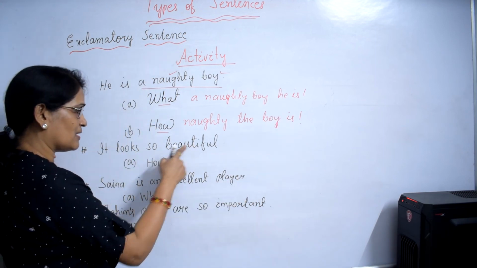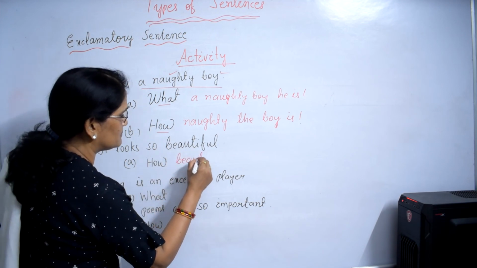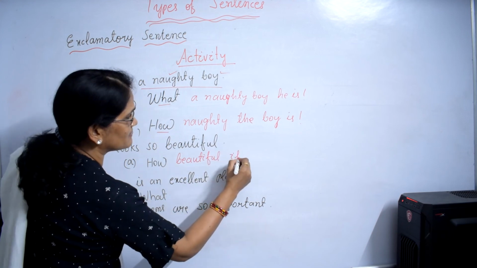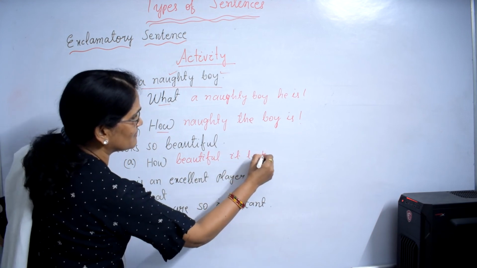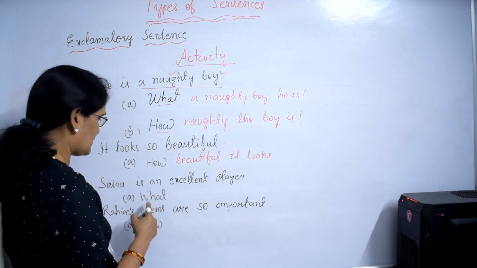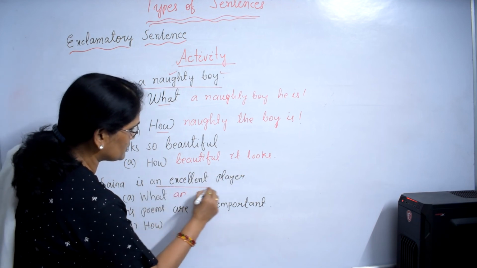It looks so beautiful. How beautiful. How? Then adjective. How beautiful it looks. Shaina is an excellent player. What an excellent player? Total noun phrase will come.